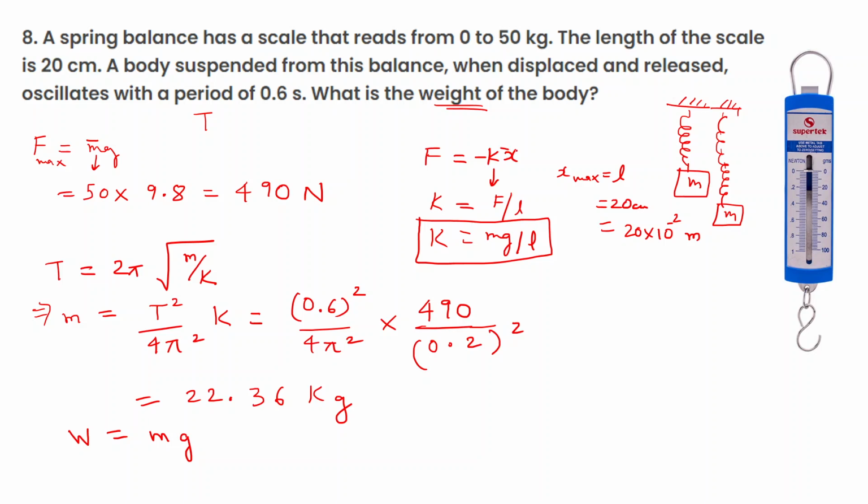The mass that we want, the required mass of this body, is 22.36 multiplied by 9.8, which gives 219.13 kg meter per second square.